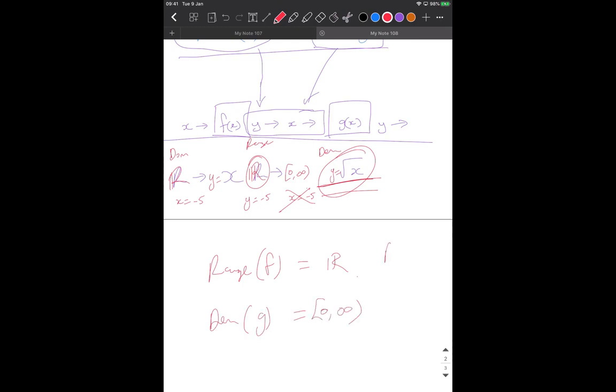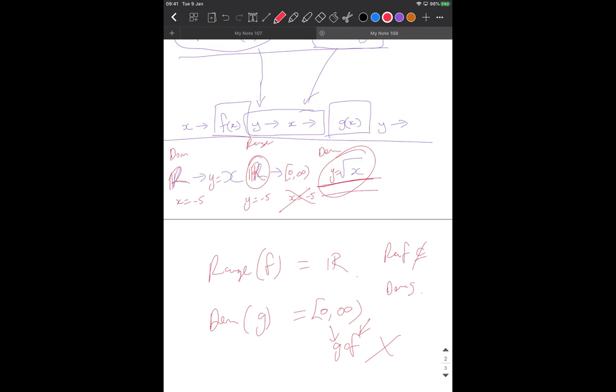So the range of f is not a subset of the domain of g. So in this instance, g of f doesn't work because the range of f is not a subset of the domain of g. In other words, the range of f is bigger than what the domain of g can handle.